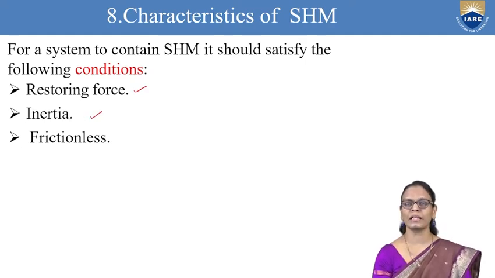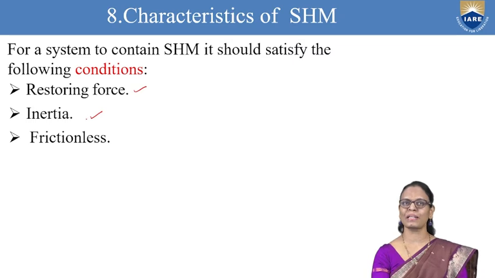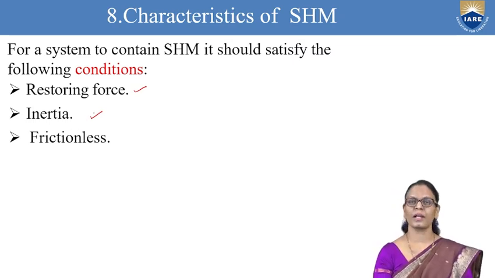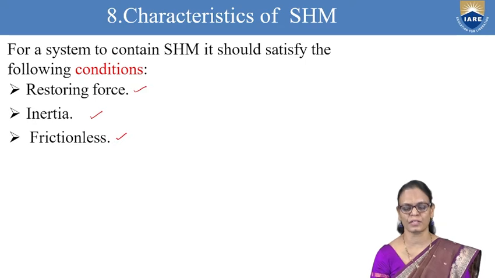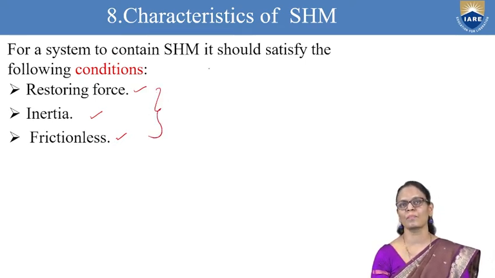Inertia here means the inability of the body to change its state by itself, whether in motion or at rest. So the system should have inertia, and this should be on a frictionless surface. If there is friction, there is so much loss of energy. So these are the three important characteristics of a simple harmonic motion.